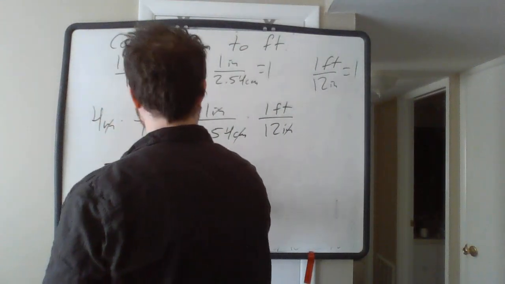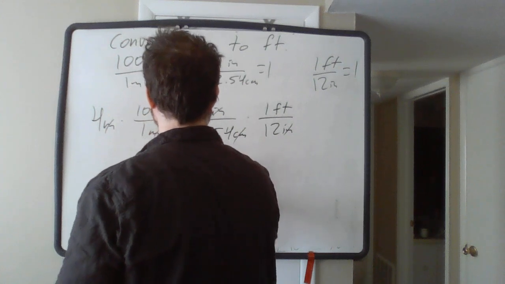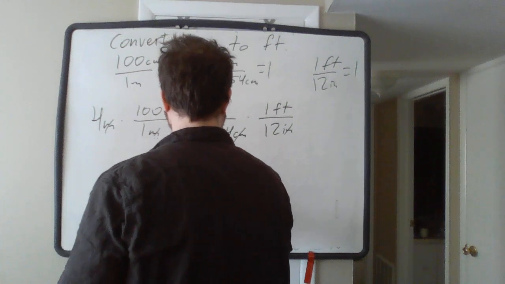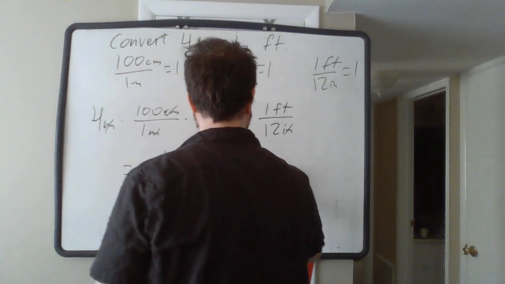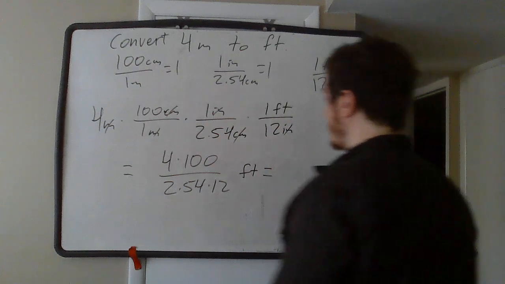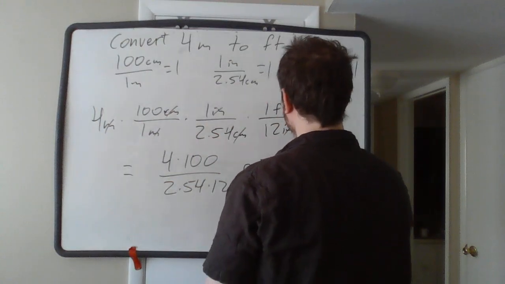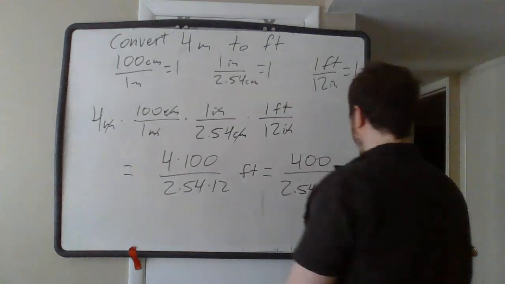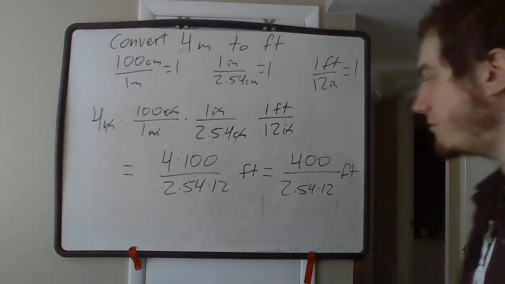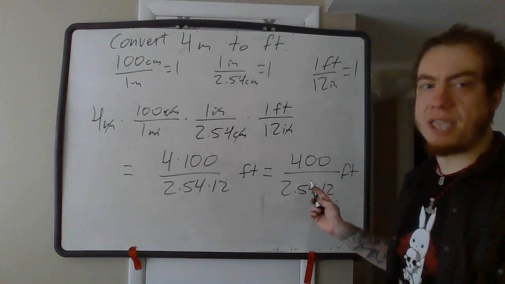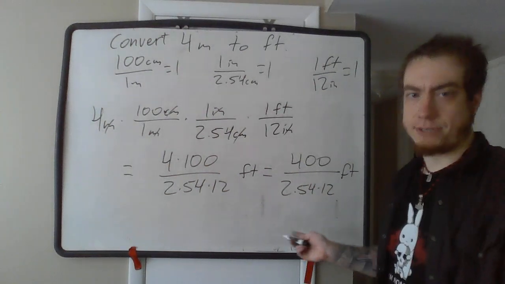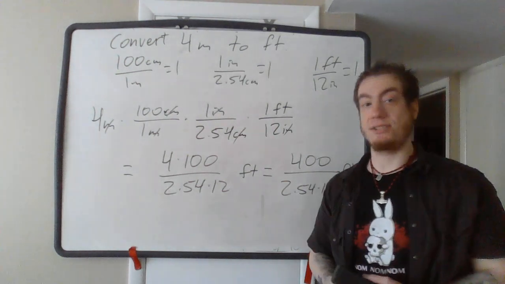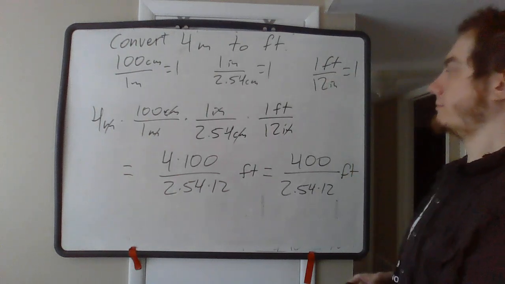So let's write down what we get. We end up with 4 times 100 divided by 2.54 times 12 in feet. And that is going to be 400 divided by 2.54 times 12 in feet. Now, at this point, honestly, just do this with a calculator and get the answer. So I will leave it to you to plug that into a calculator and see what you end up getting.